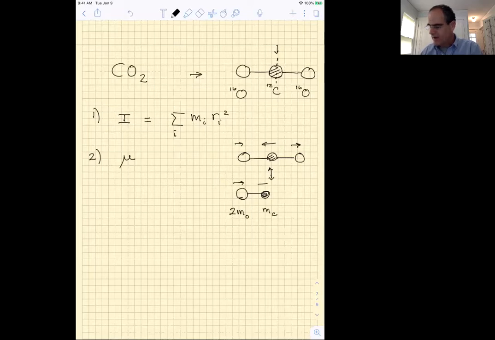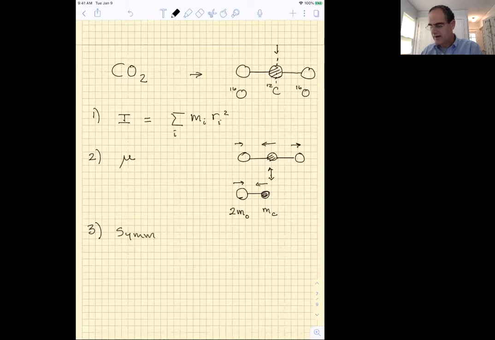And now these would oscillate in the normal way if they were connected by a spring and set to move. So now it's not hard to find the effective mass of this pair, which we're saying is equivalent to the effective mass of the carbon dioxide molecule for this particular mode. Now, those two considerations are pretty trivial.